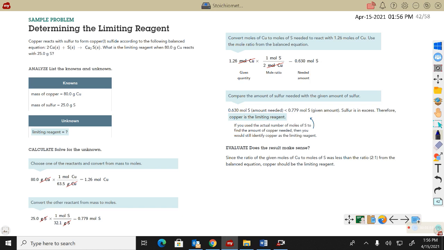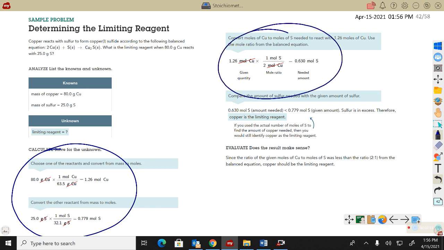And so our first step was to get those grams converted to moles for each reactant. So I have to do it twice. Then we said choose one reactant. It doesn't matter which. Choose one of the reactants and use that mole ratio from the balanced equation to figure out moles of the other reactant needed to completely react with all of the reactant that you chose.